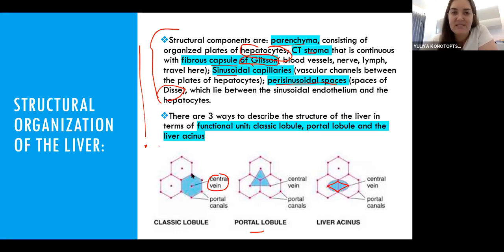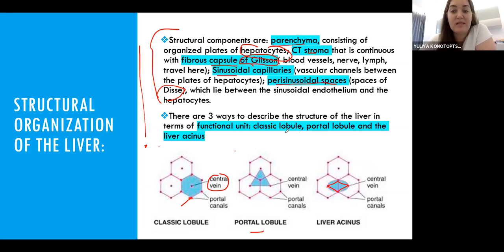This is your hepatic artery, portal vein, and a bile duct. So in each of these dots, you must see a branch of each of these structures. So I repeat, here you should have the portal triad. The portal triad consists of the hepatic artery, portal vein, and a bile duct.